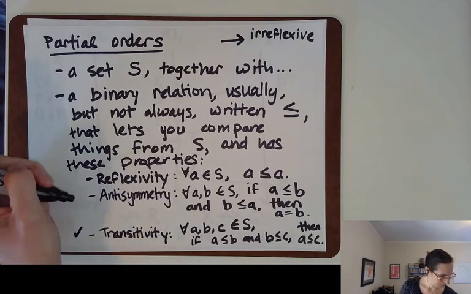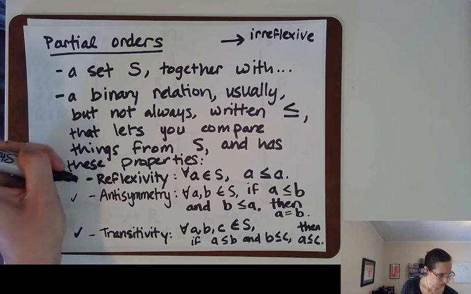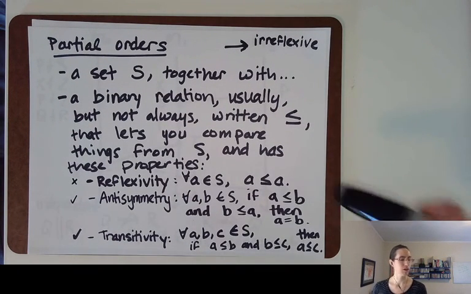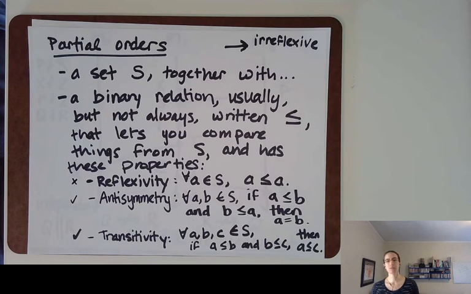So that checks out, but reflexivity doesn't. So the happens before relation is not a real partial order. Have no fear, we will talk about some real partial orders later on.